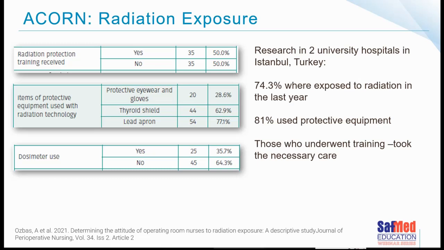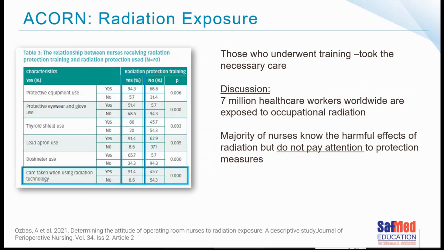81% of the people said they did use protective equipment, but obviously the type of protective equipment seemed to range, and certainly those who underwent training seemed to take the necessary care when needed. If you look at the table on the left over there, it looks at the relationship between receiving training and the actual protection used.